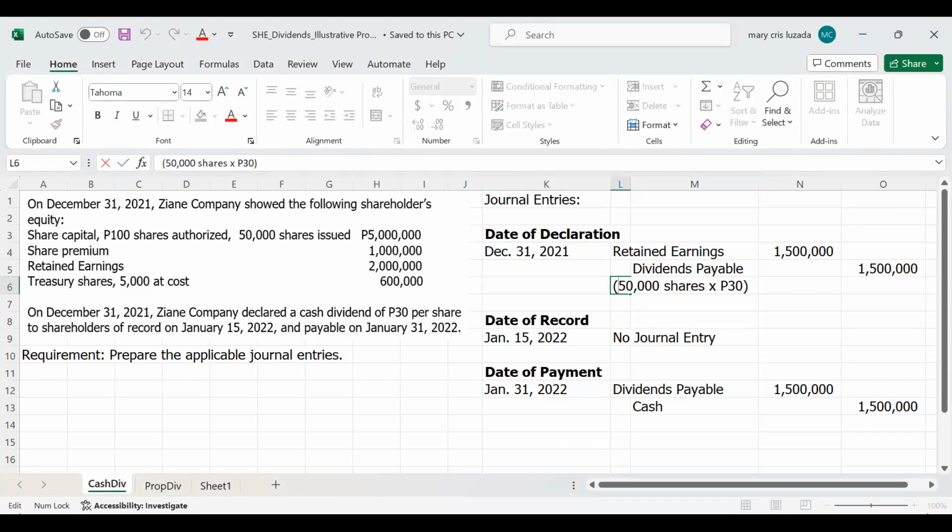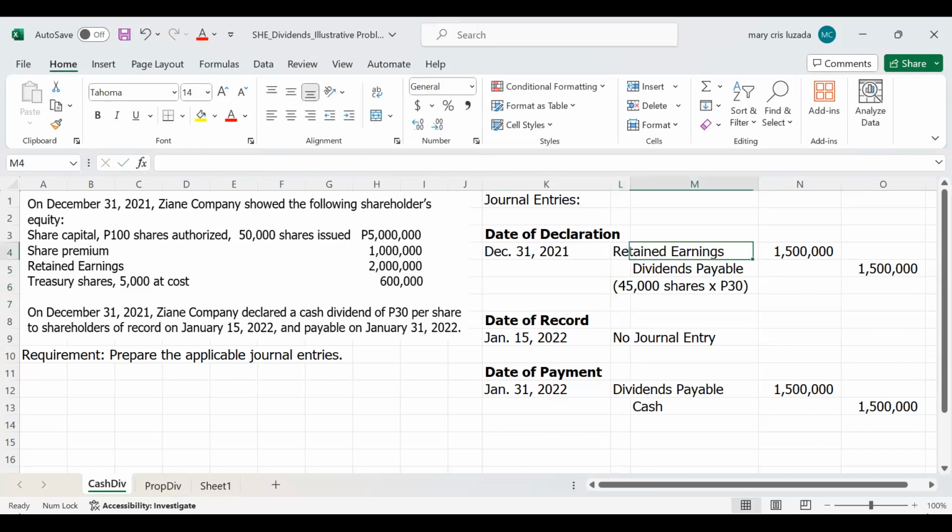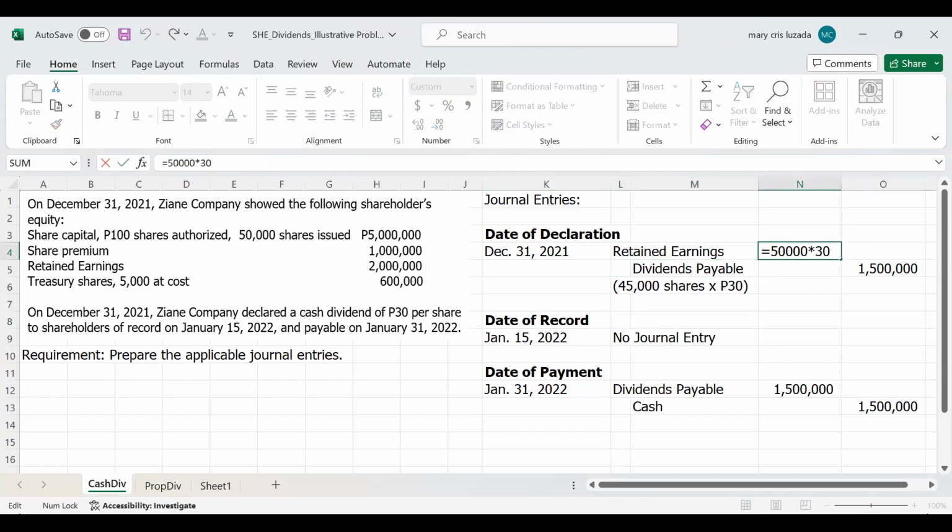So it should not be 50,000 but 45,000. Then you multiply it by the cash dividend that was declared. So how much is that? 45,000, because there are treasury shares. So this is the only number we can declare dividends on.